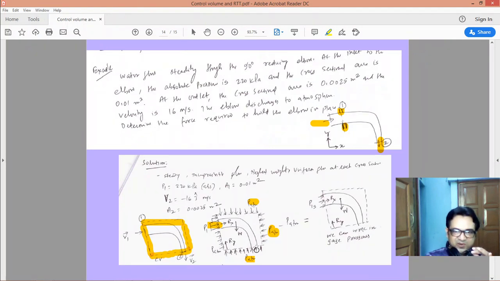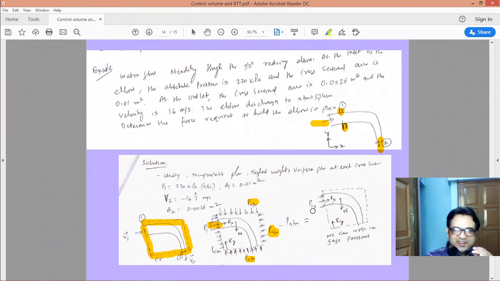So to make it a simplified problem, how to remove all these forces? I will subtract atmospheric pressure from all these forces. If I subtract the atmospheric pressure, the only force acting on the control volume will be P1S, where P1S is the static pressure.